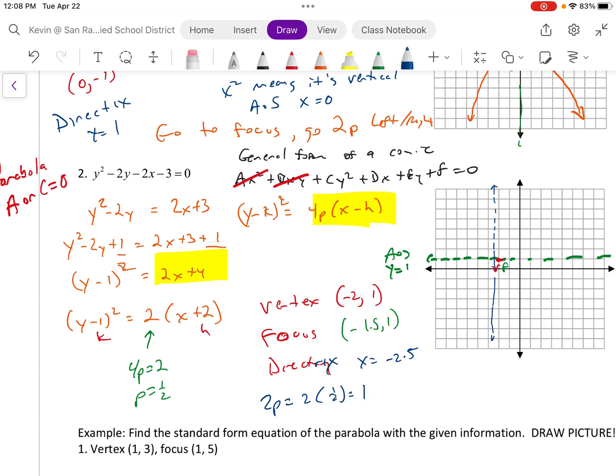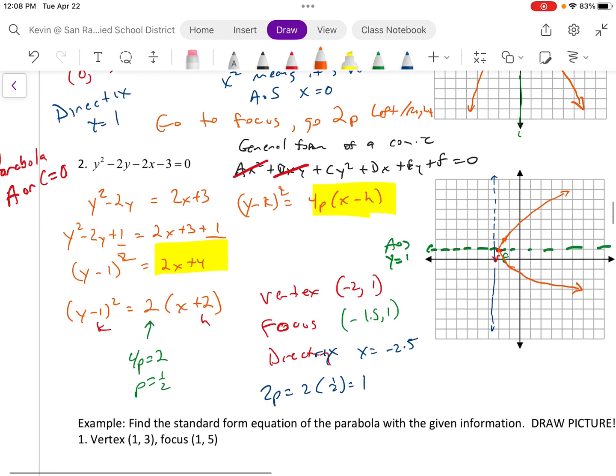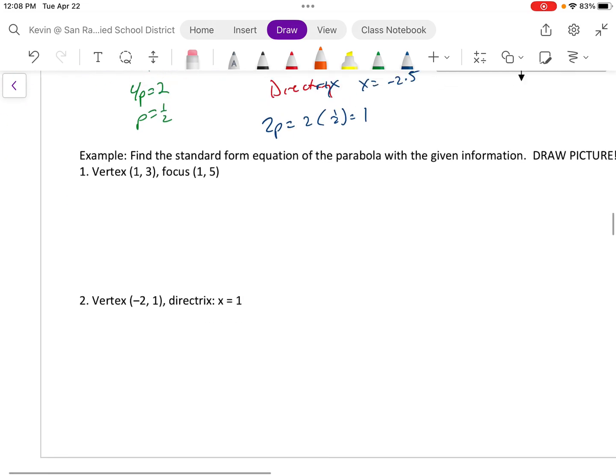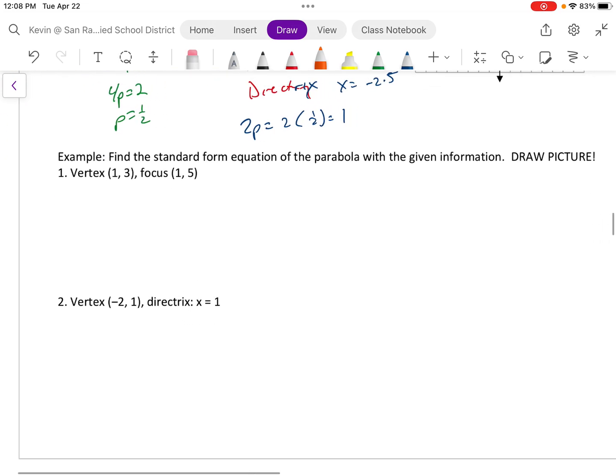Okay. My 2p is going to be 2 times 1/2 equals 1. So I'm going to go to my focus, I'm going to go up 1, down 1, and then for my vertex, I'm going to go here, and I'm going to go here. Okay, hopefully that's making sense.